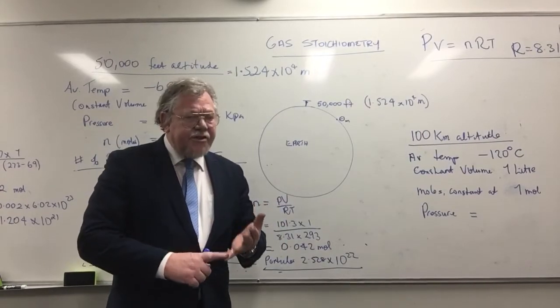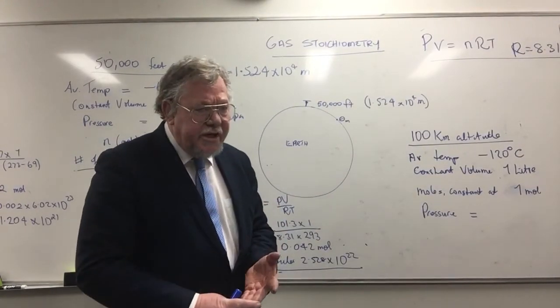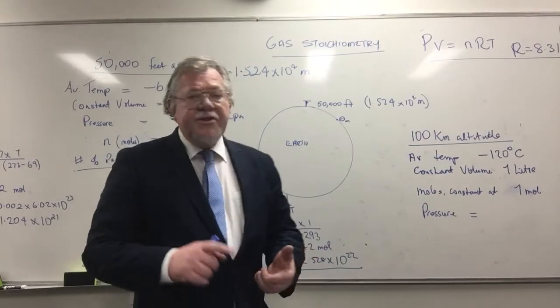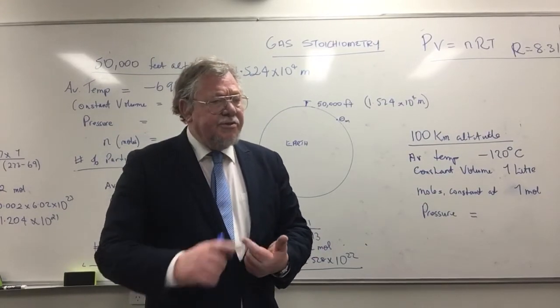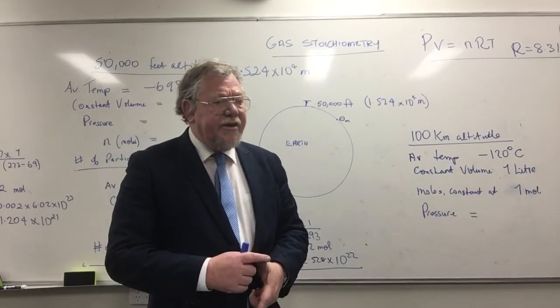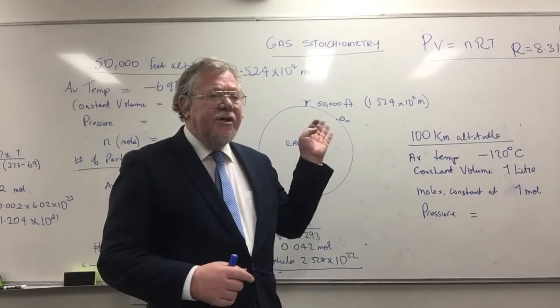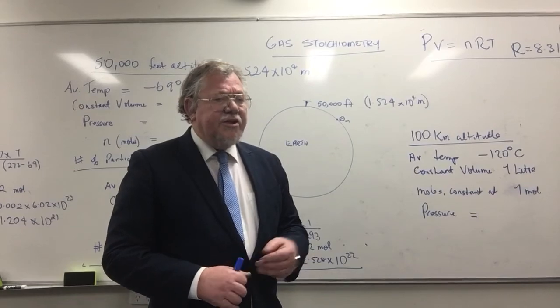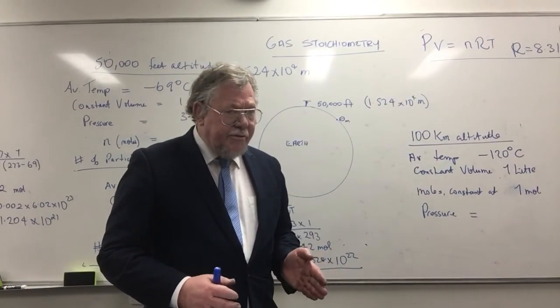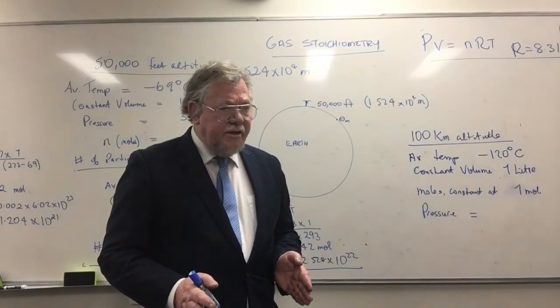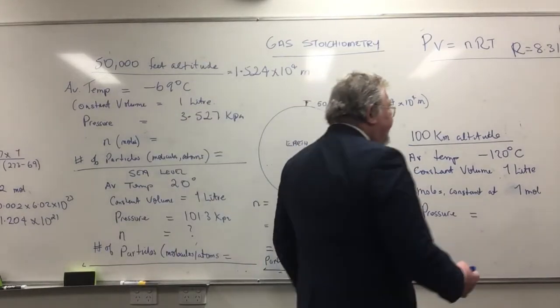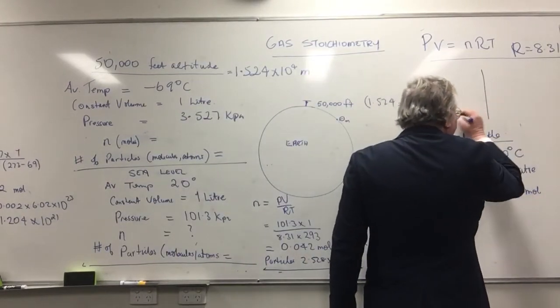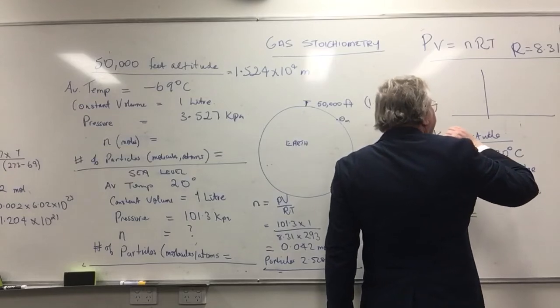So you've got 5,000, 10,000, 15,000 meters, which we've done, 20,000 meters, 25,000 meters, 30,000 meters, 40 up to 100,000 meters. Okay, so I want you to draw the graph. Do you understand what I'm asking of you? Okay, so that you draw the graph so that we can see what is the relationship.